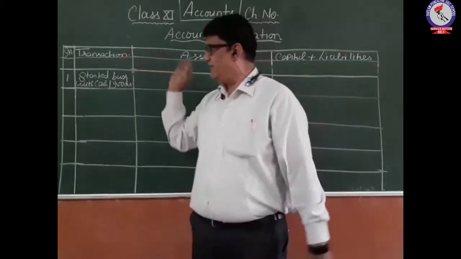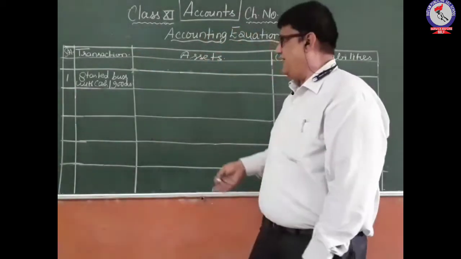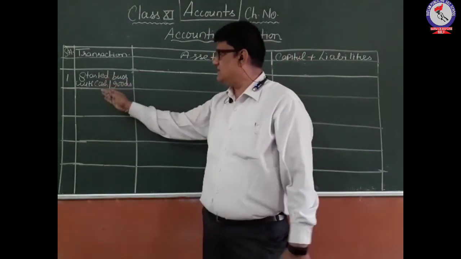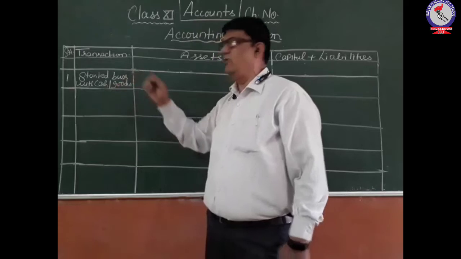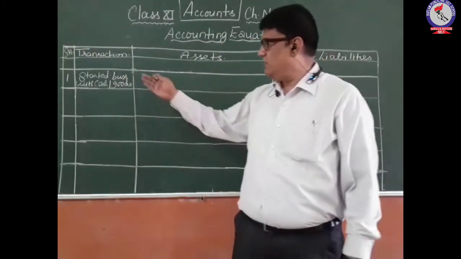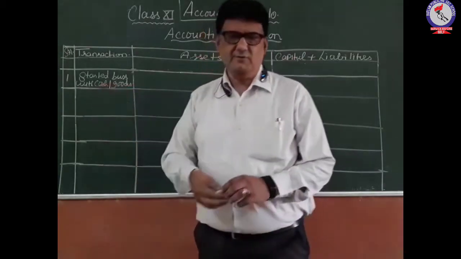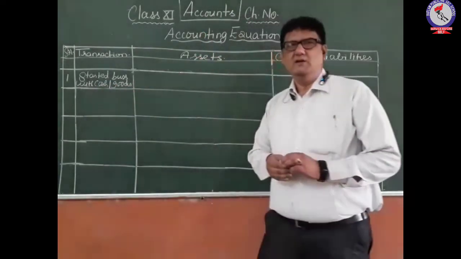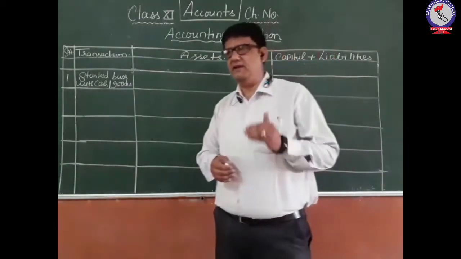I have already drafted the format for you, and the first transaction has been stated: started business with cash and goods. In this numerical it is said that you have introduced 50,000 rupees cash and 30,000 rupees goods. So these two things are coming into your business.